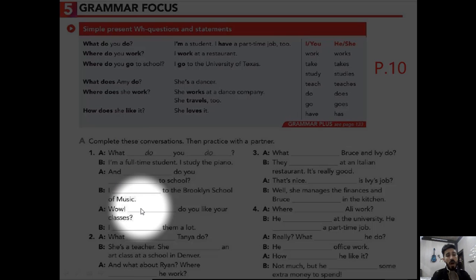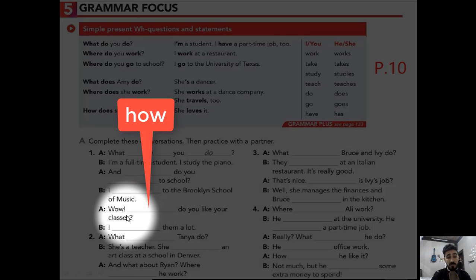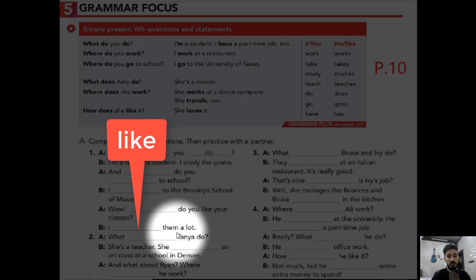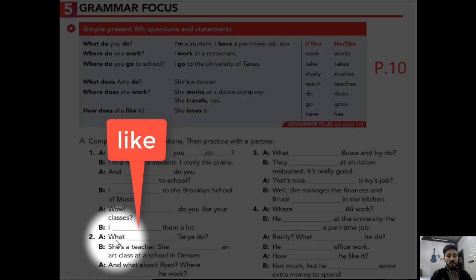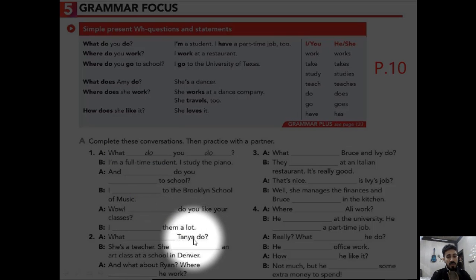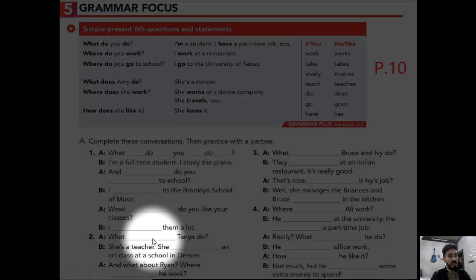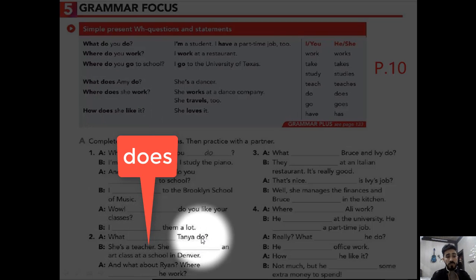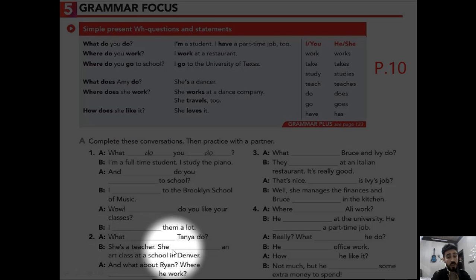Here you can use how. How do you like your classes? The base is like. I like them a lot. What does Tanya do? Tanya is a singular noun, so you have to use does, as I mentioned. She's a teacher.